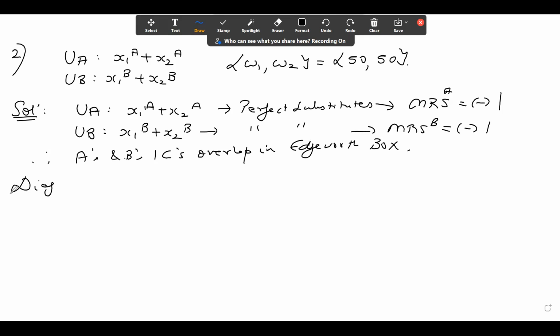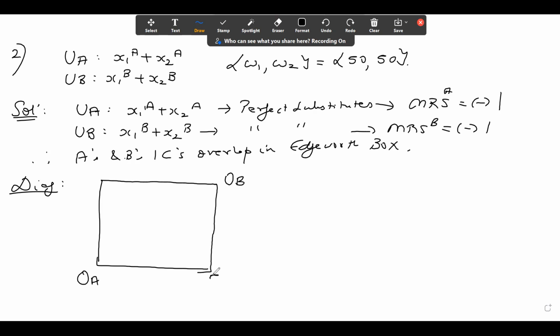If I draw the Edgeworth box, it's going to be a square, because endowments are equal. A is origin, B is origin. This is 50, this is 50. From B's origin also, this is 50 and this is 50.